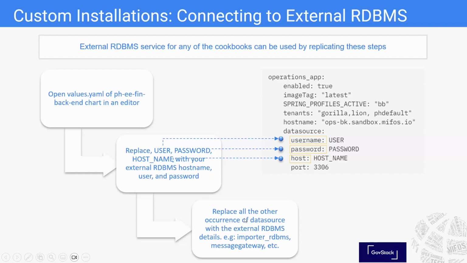And then similarly, you will replace all other occurrences of data source with the external RDBMS. For example, details related to importer, RDBMS, message gateways, and wherever that RDBMS is being called, you will update it accordingly. So this is just a snapshot of how you could do that. Basically, once you've installed it, if you want to make that system your own or match it to your requirements, you could do that using the various Helm chart commands.